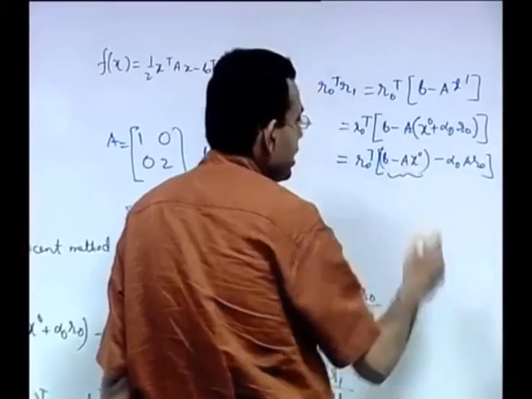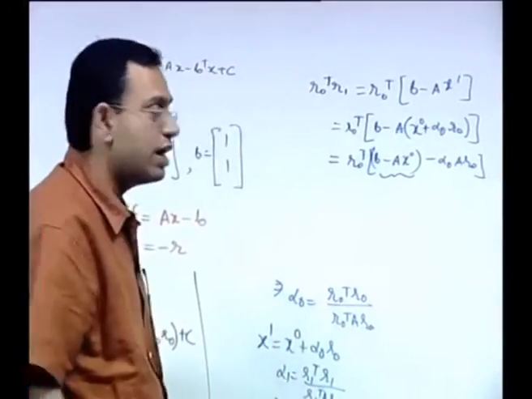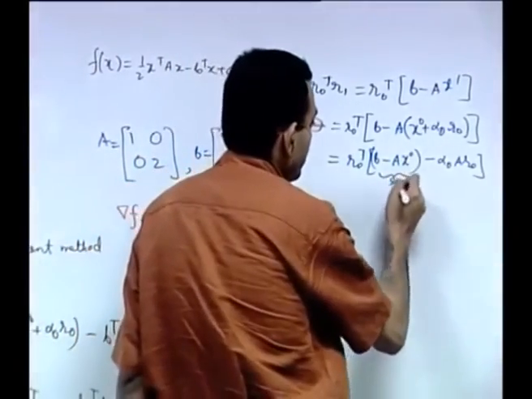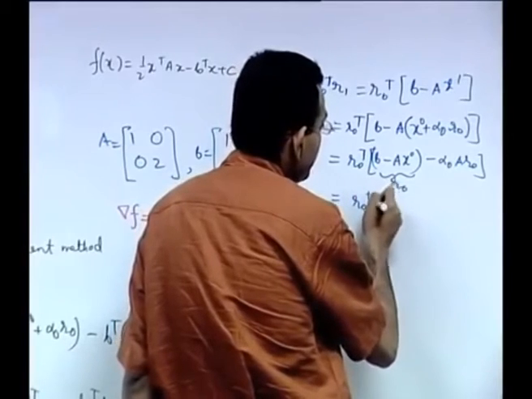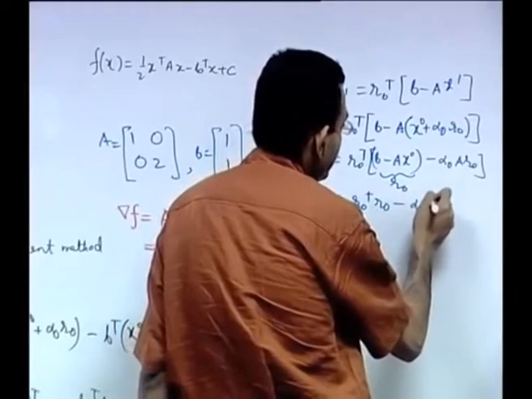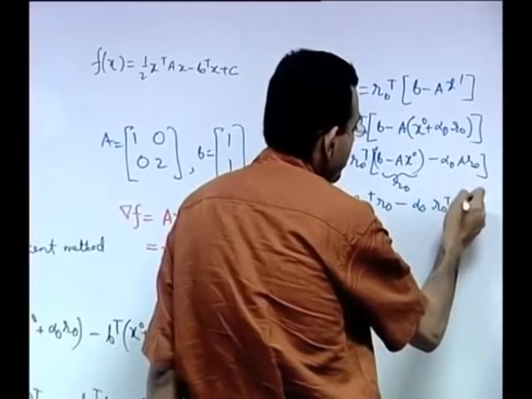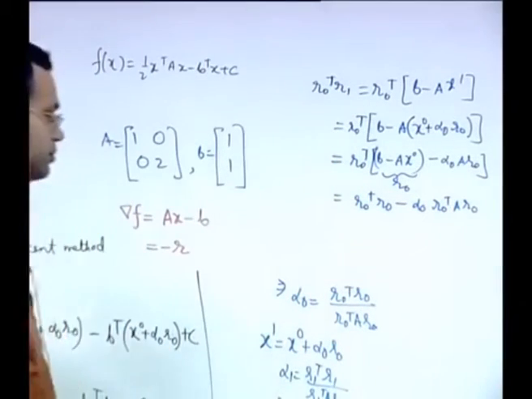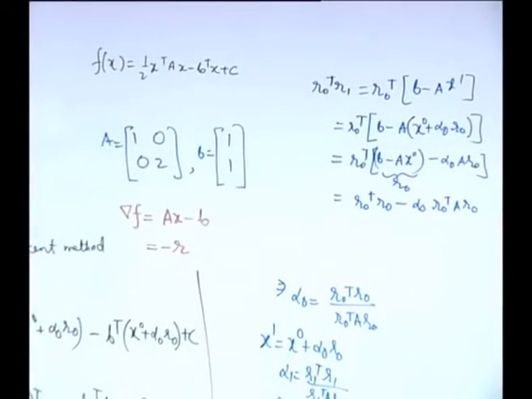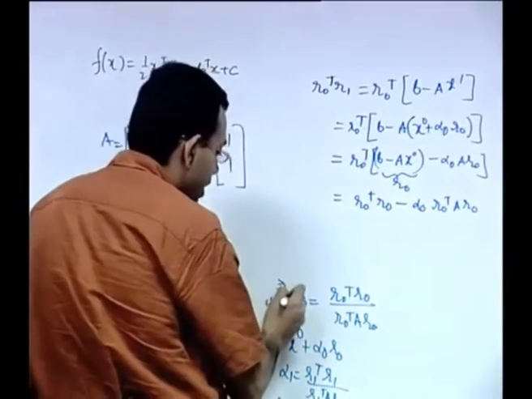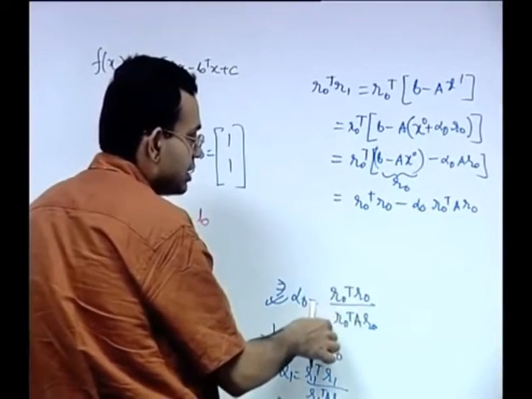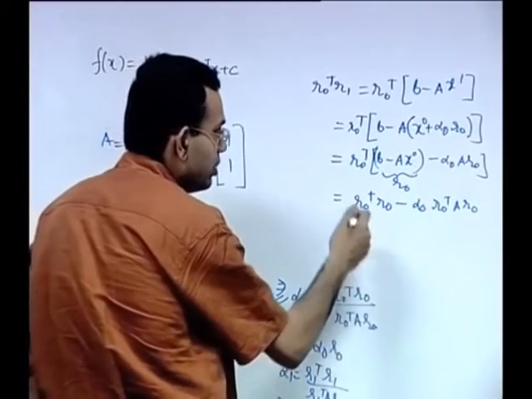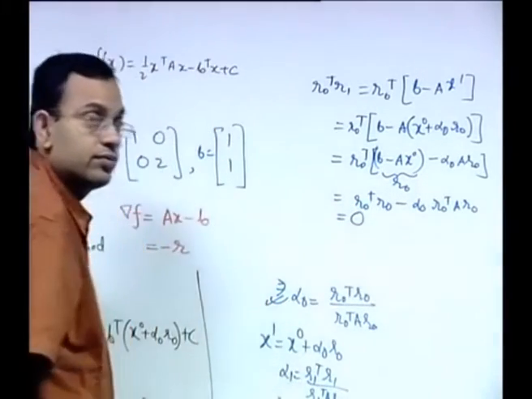What is B minus AX0? That is equal to R0. So this is equal to R0 transpose R0 minus alpha 0 R0 transpose A R0. Remember, alpha 0 is a scalar. So by using this relationship, alpha 0 equal to R0 transpose R0 by R0 transpose A R0, this becomes equal to 0.